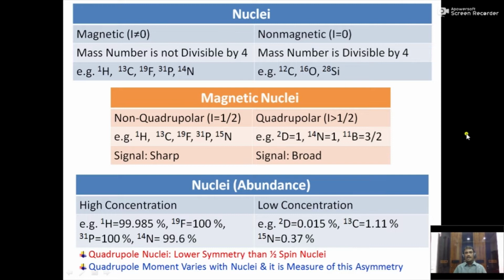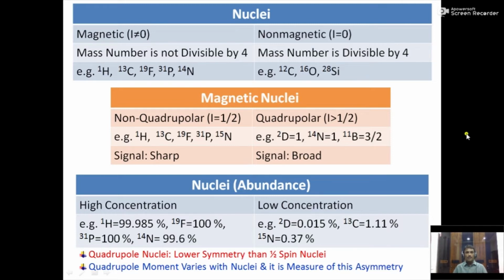Carbon 13, the isotope of carbon, has an abundance of 1.1%. Nitrogen 15 has an abundance of 0.37%. So, according to abundance, the nuclei are classified as high concentration nuclei as well as low concentration nuclei.